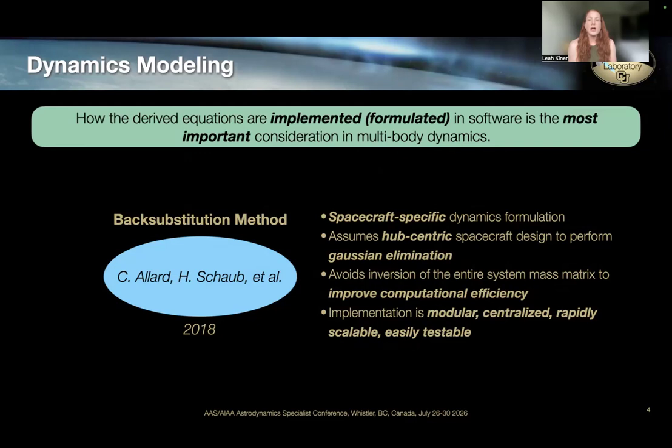It assumes a hub-centric spacecraft design to perform Gaussian elimination on the equations of motion, which avoids inversion of the entire mass matrix, which improves the efficiency of our simulation. And then the implementation of the spacecraft dynamics using this formulation in software is extremely modular, centralized, rapidly scalable, and easily testable. So it has all of these features that we're looking for in a favorable dynamics formulation.